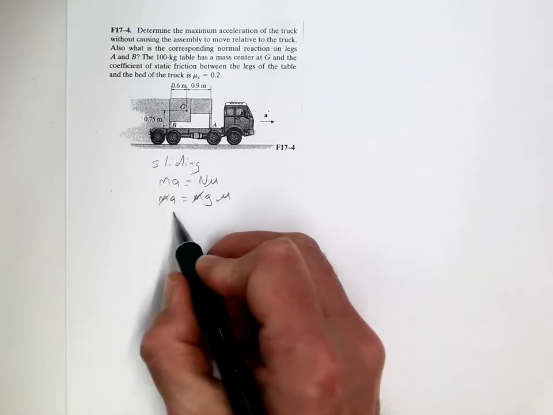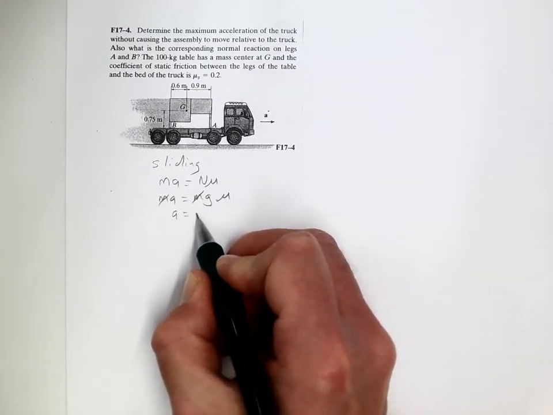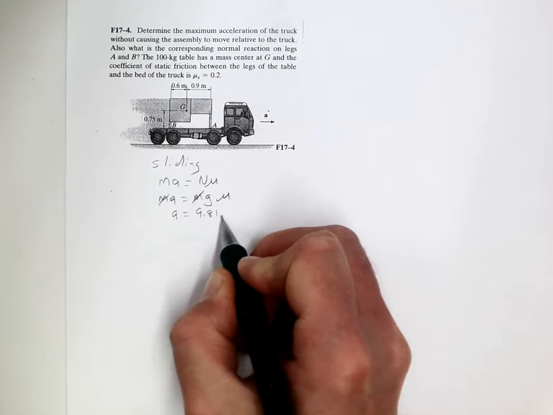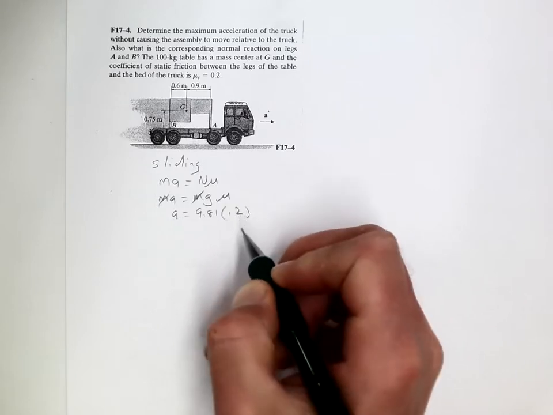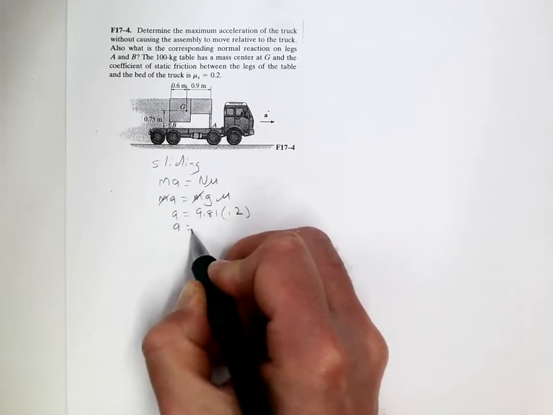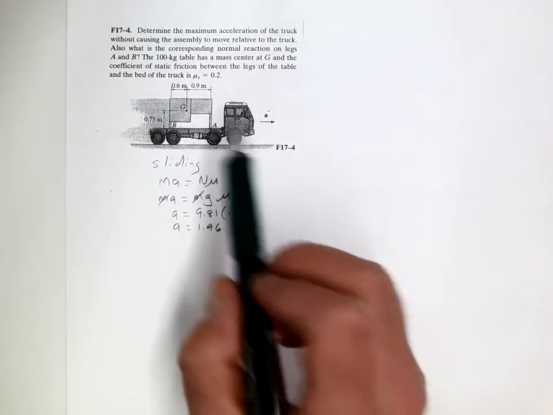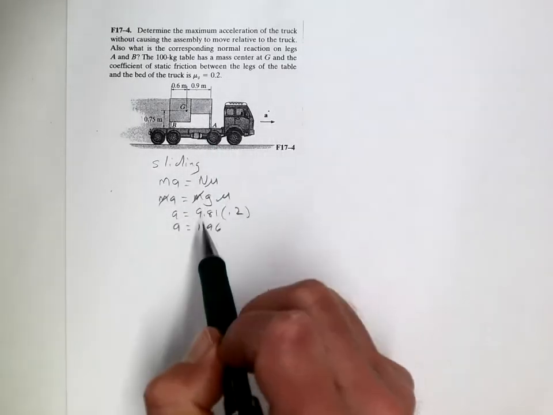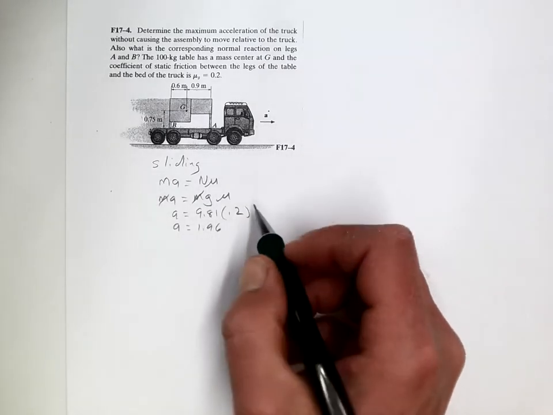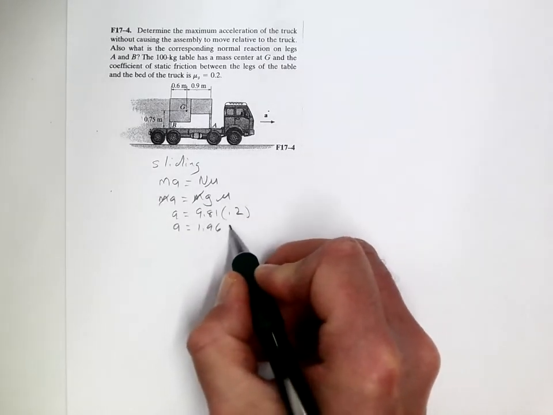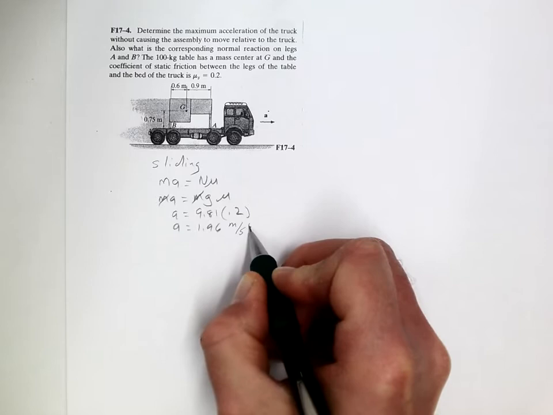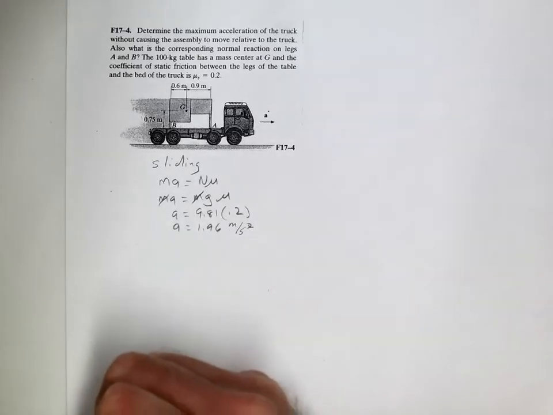And we know that a is equal to g, 9.81, times mu, 0.2, and a is equal to 1.96. So this truck can drive without the table strapped down as long as it stays under 1.96 meters per second squared for sliding.